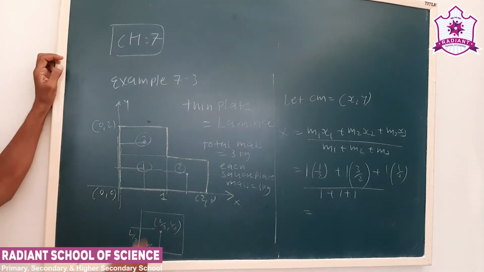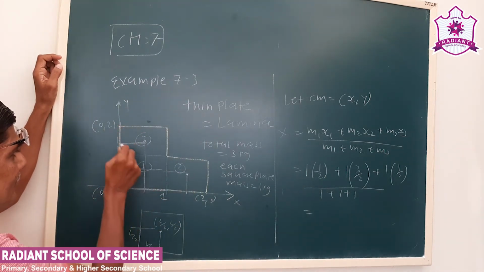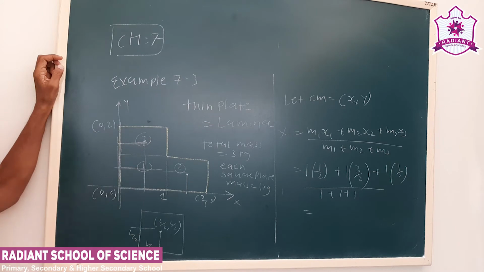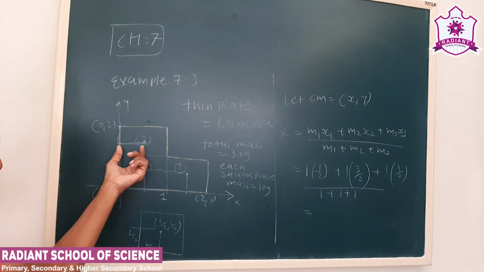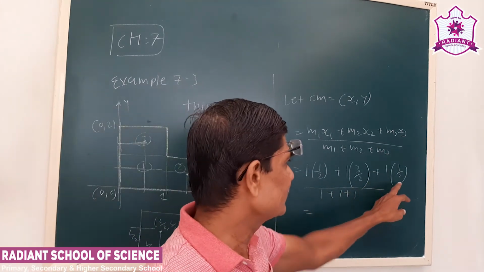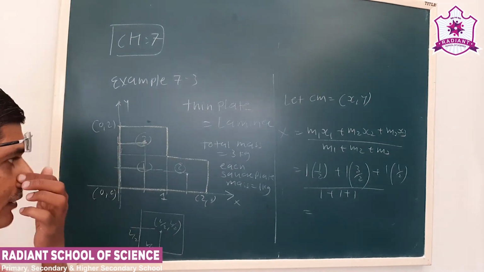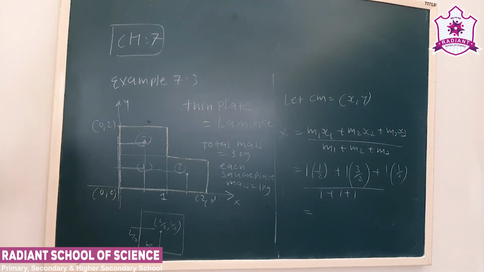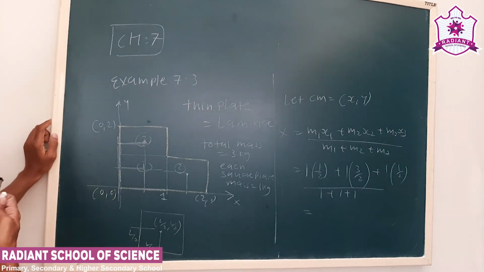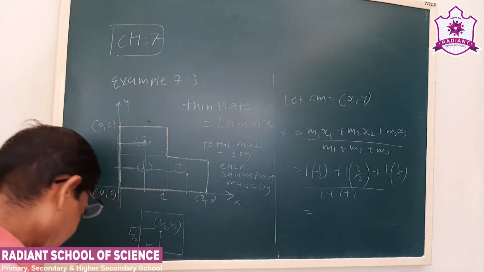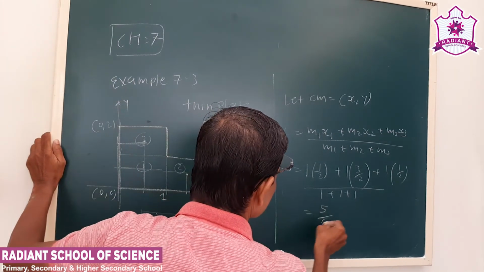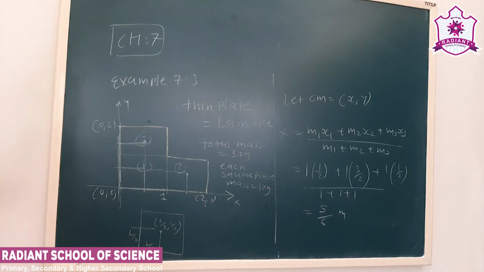And for the third plate, again from the origin, the coordinate will be at 1 by 2 meter distance, so x3 is 1 by 2. If we substitute and solve this, we'll get 5 upon 6. So this is the x coordinate for the center of mass of the lamina.